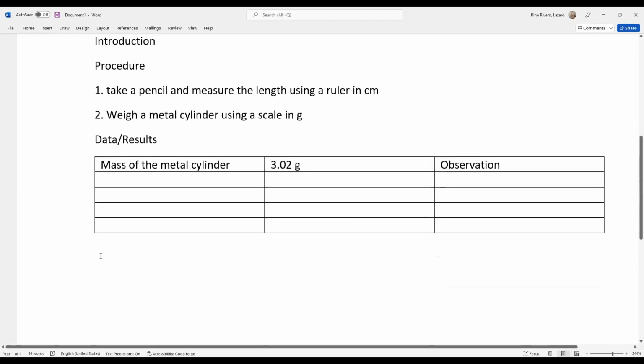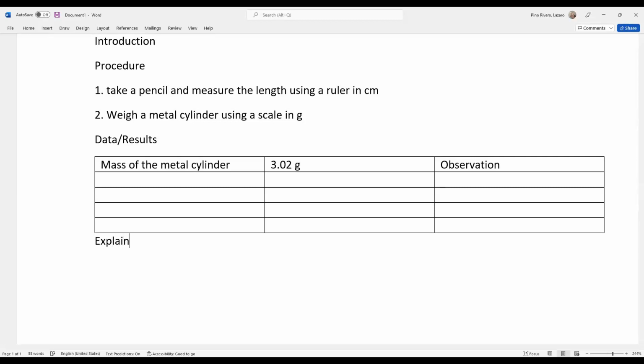Later, you will explain your results. You are going to explain your results. You can say, for example, discussion of the results.